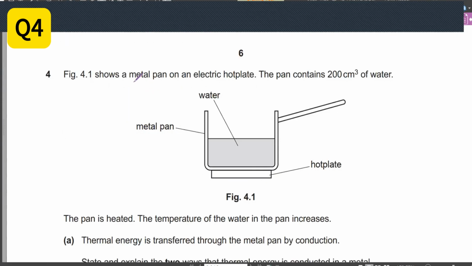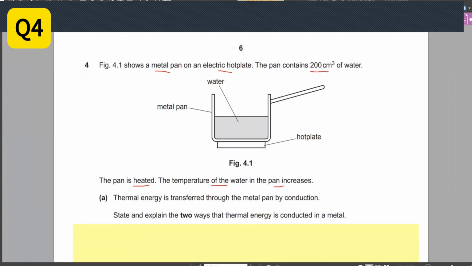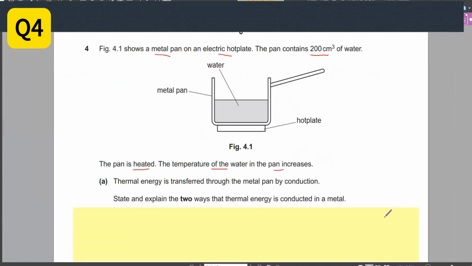So we have a metal pan on an electric hot plate. It has 200 cm³ of water. The pan is heated and the temperature increases. Thermal energy is transferred through the metal pan by conduction. We know that there are 3 ways whereby heat can be transferred.